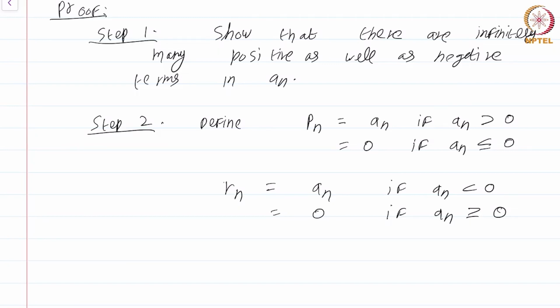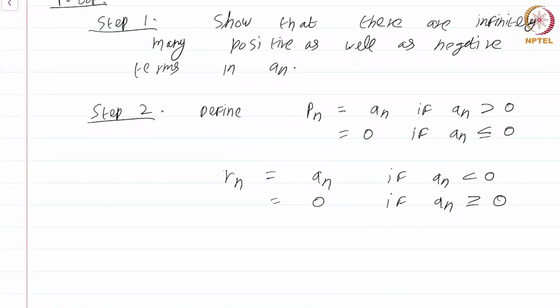Okay, so Rn is collecting together all the negative terms of the series. So Pn collects together all the positive terms, Rn collects together all the negative terms. Okay, step 2 is show that, if you don't mind, I will put a minus sign here because it will make the statement I am about to write simpler. Show that both summation Pn and summation minus Rn diverge.